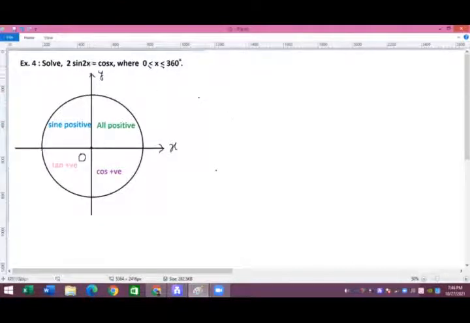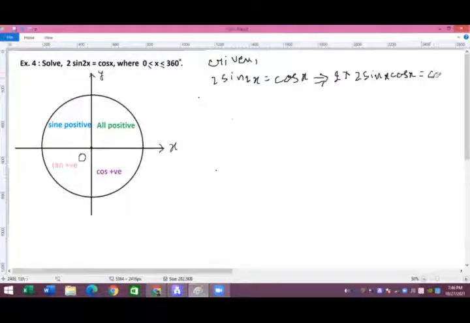So let's start from here. It is given that 2 sine 2x equals cos x, and that gives you 2 times sine 2x, and you know that sine 2x is 2 sine x times cos x. This is a formula for sine 2x, and equals cos x. And here take care, most of the students used to cancel the term, so please don't cancel the term, because we require as much of the information as we can.